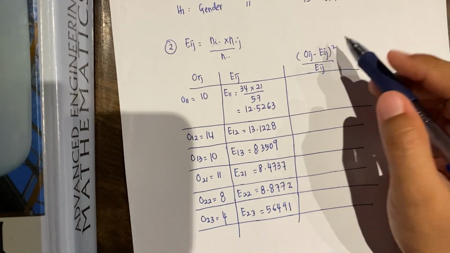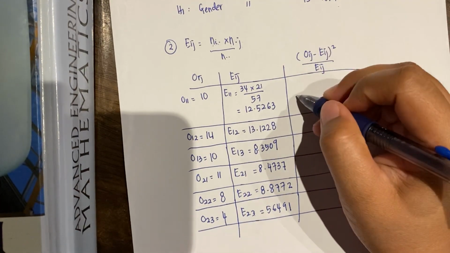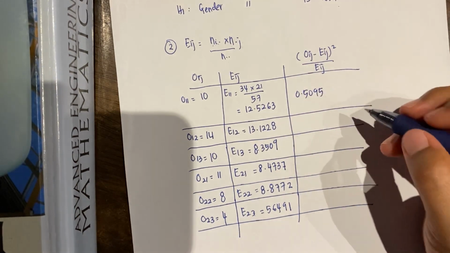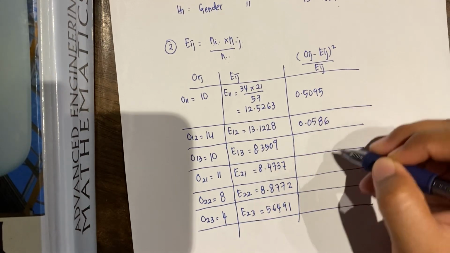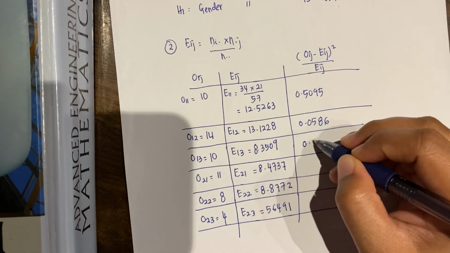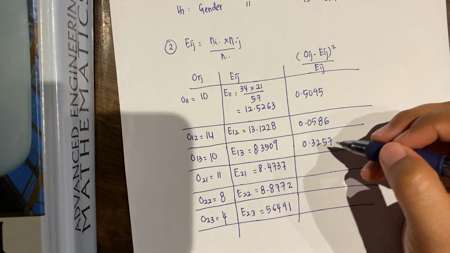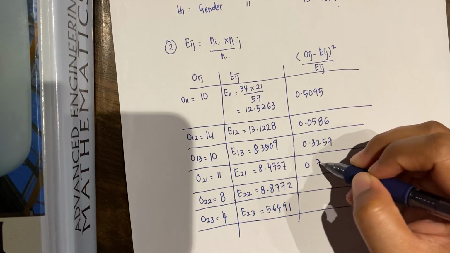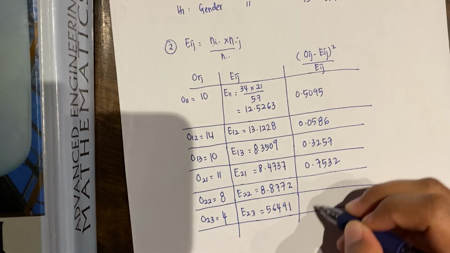For the last column here, use this formula. I will write it one by one; you can calculate later. Here I just follow the answer scheme.